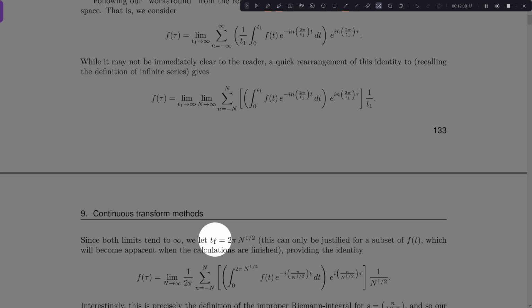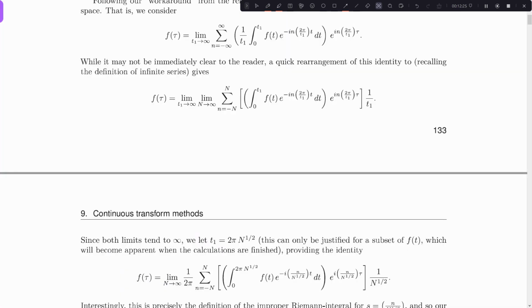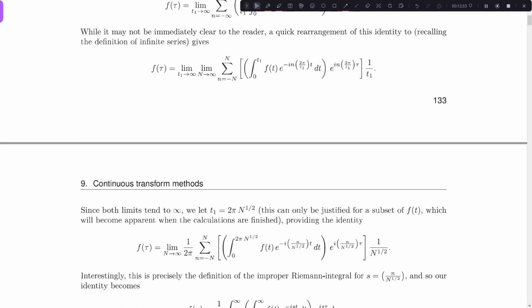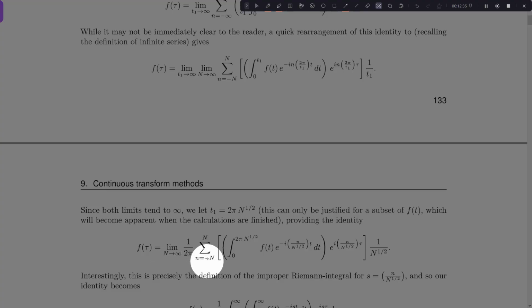So that coupling is going to be 2 pi n to the 1/2. Basically, you choose this so that you get something useful out of it. Otherwise, you could try to take t1 to infinity of this expression, and nothing necessarily useful will show up. But if you pull it out and take these to infinity together at the same time, we're really just taking capital N to infinity of the sum, and now some 2 pi's and root powers of n, so n to the 1/2, are showing up.